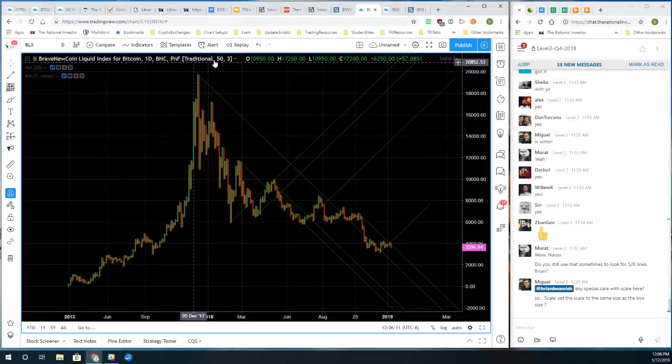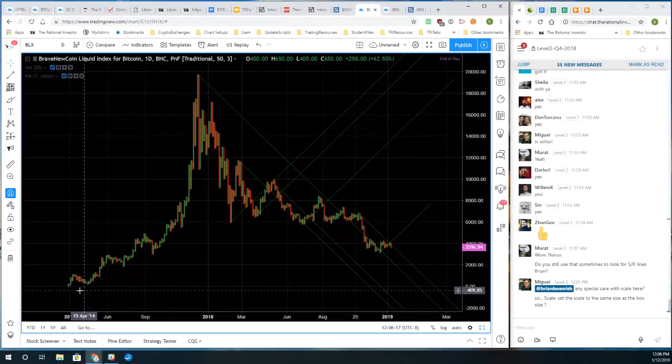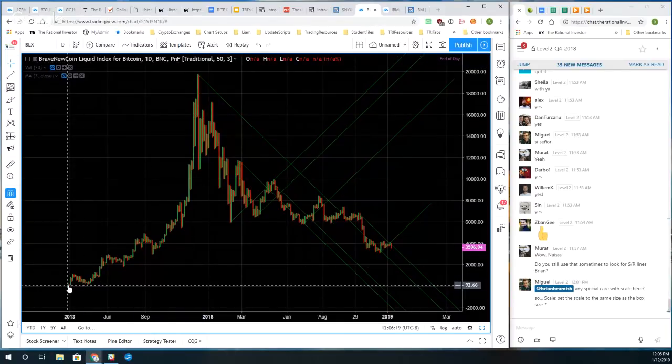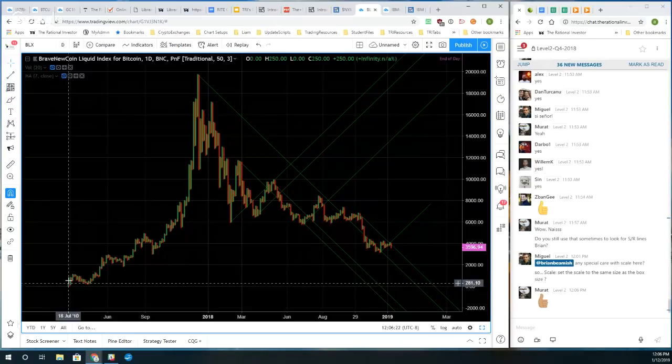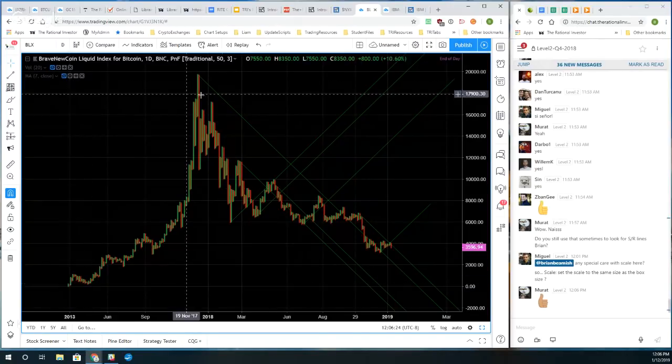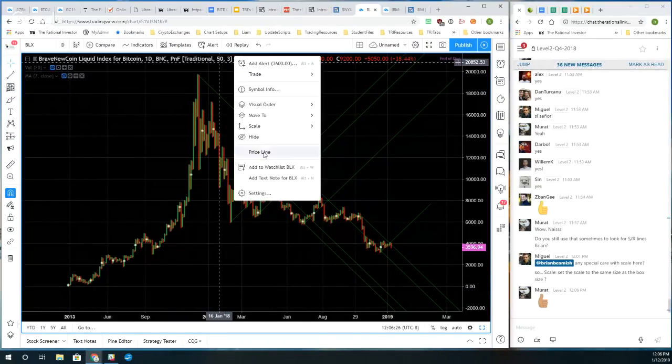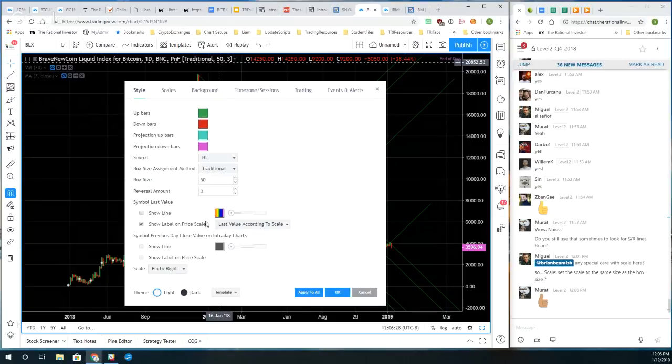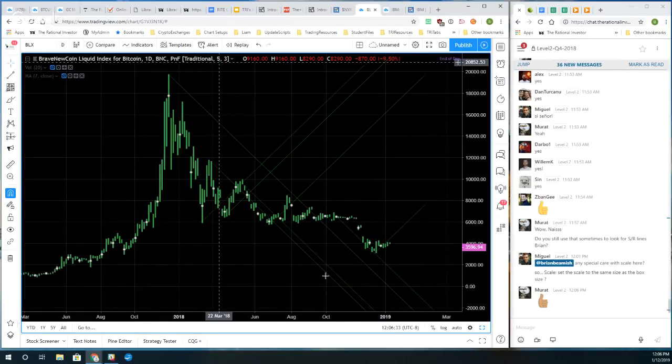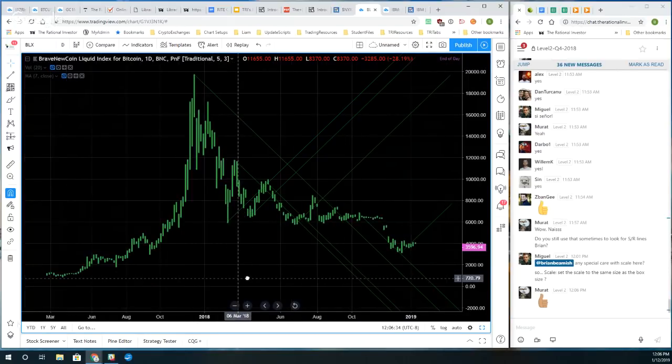As you can see, this is based off a $50 movement in price. So as a result, the initial information of this is very limited. If I actually change this to, let's say, a $5 increment for the box, you'll notice that this should become a lot more busy.